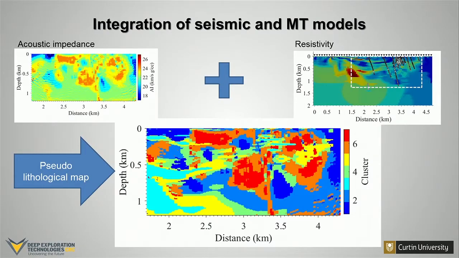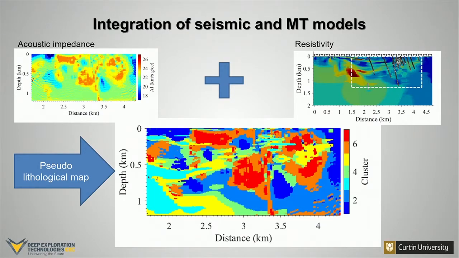Apply the same with the inverted model from seismic and MT. On the left-hand side here, we have the section of the acoustic impedance from seismic inversion. We don't have time to talk about the seismic inversion here, but we also do the same thing with the MT inversion, in terms of exploiting the borehole information.